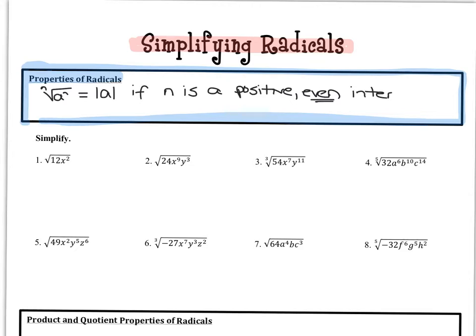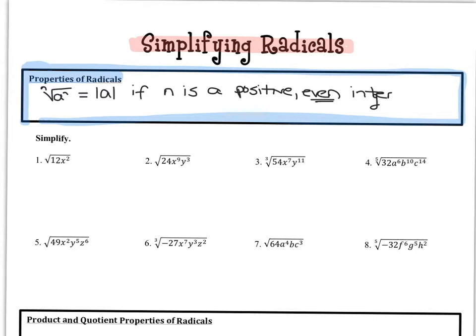So if n is even, which means I have an even root and an even degree, the outcome is the absolute value of whatever it was simplified. And I spelled integer wrong. I just noticed that.